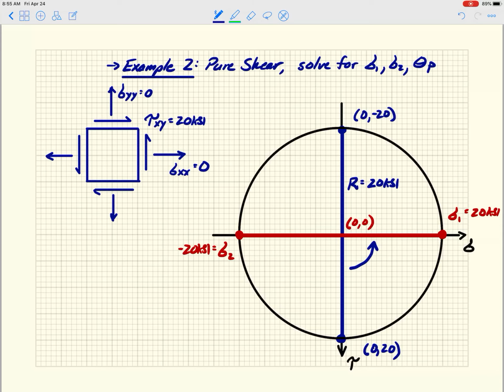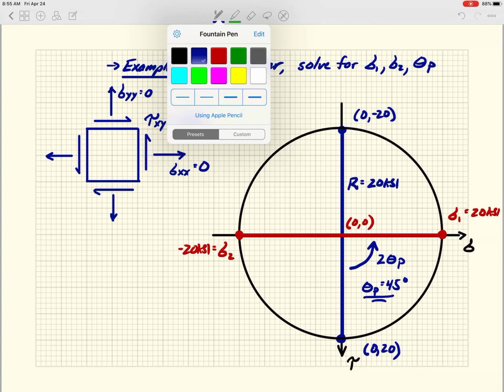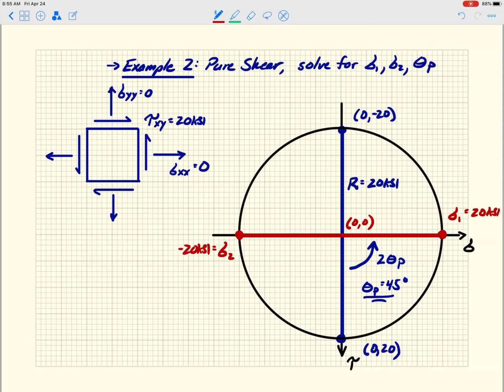And then my 2 theta p is this guy here, and that's going to give me a theta p of 45 degrees. Why? Because it's 2 theta p on the circle, so that's 90 degrees, and then on the cube, it's going to give me half of that. So now I can draw my cube here. So let's see how I want to do this.